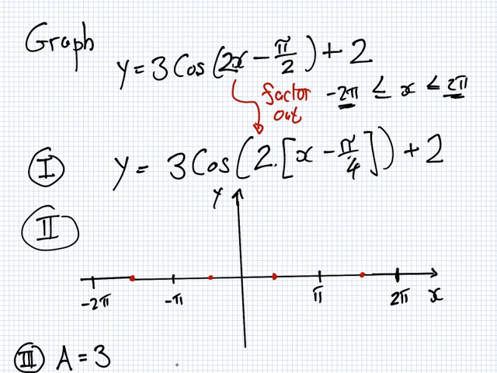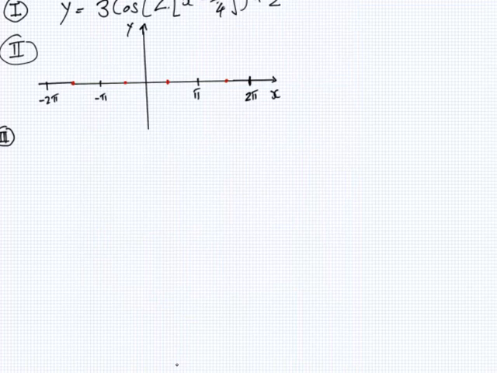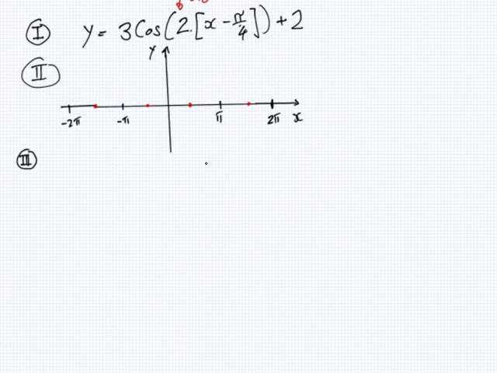Now, I like to keep these things in a table. It makes it a little bit easier to keep track of things. So what I mean by table is like this.